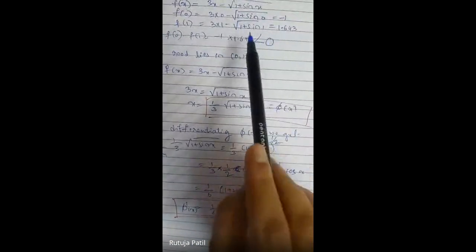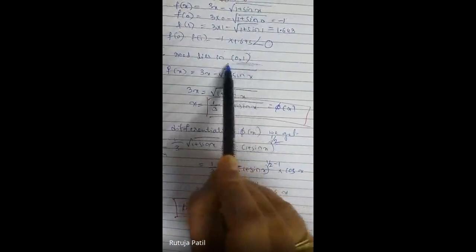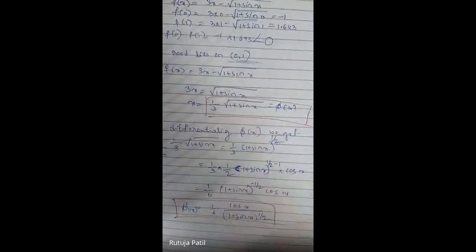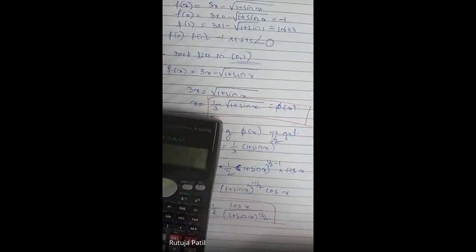Next, whatever interval we found out, what is that interval? The root lies in 0, 1, right? So we have to substitute values from 0, 1 in this and check whether the found interval is right or wrong. So first I'll put 0.6.